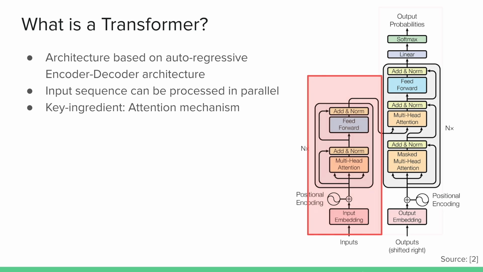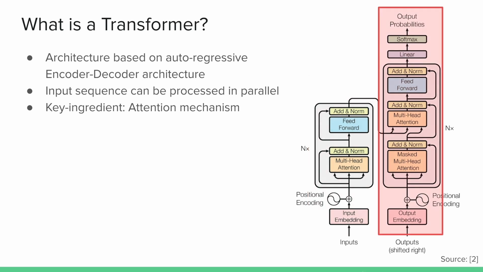And then we use the decoder to produce our output sequence. And one key ingredient that you can find in transformers that really drives this to the level that it performs is an attention mechanism.